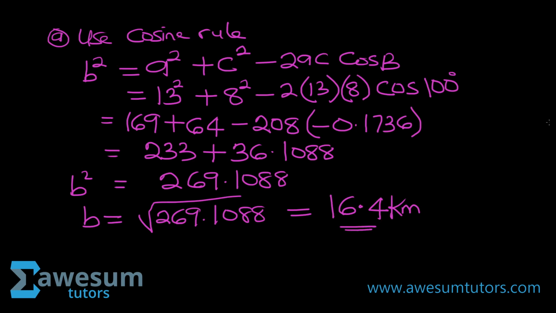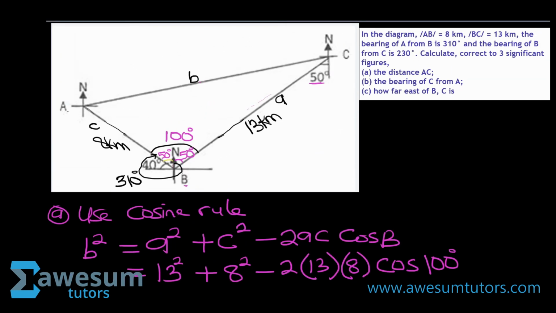If you take a look at the question again, it says find distance AC, right? And AC is B, which we called B ourselves, right?